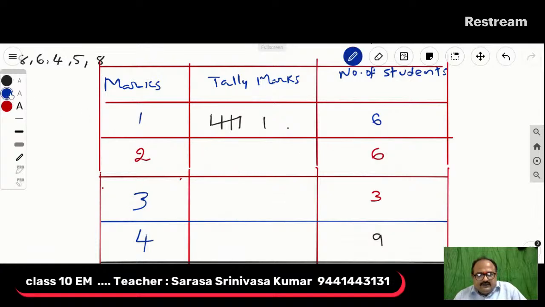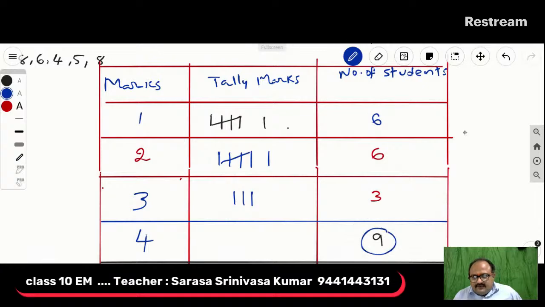Next, tally marks for 6. This is also 5 plus 1. 1, 2, 3, 4, 5, 6. Next, tally marks 3. 1, 2, 3.